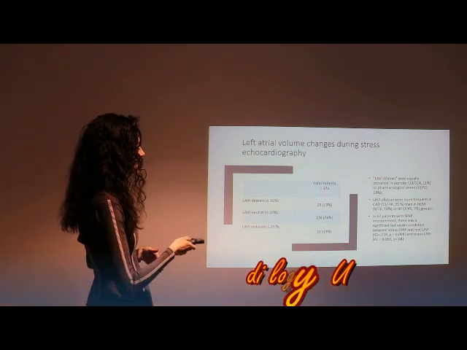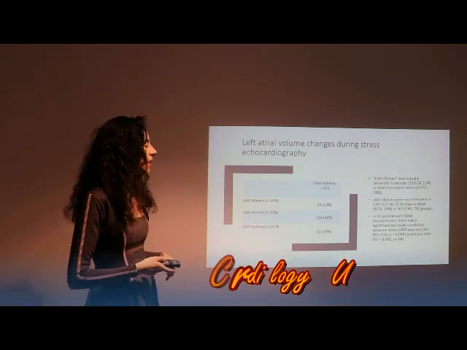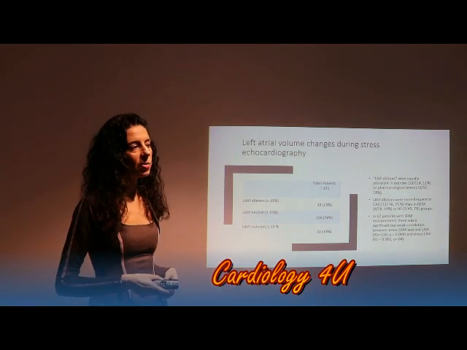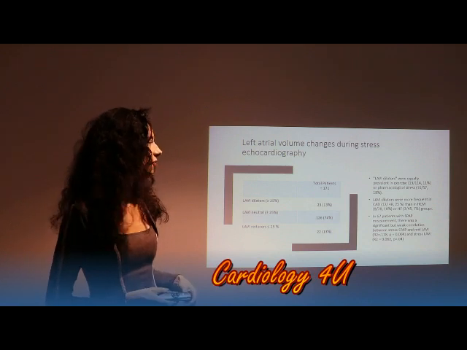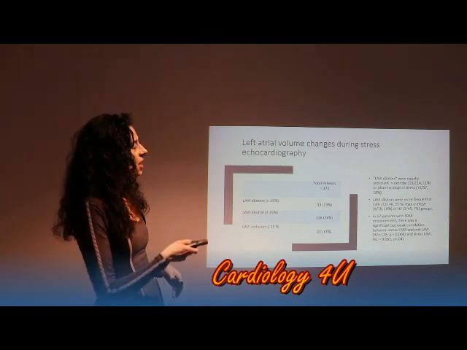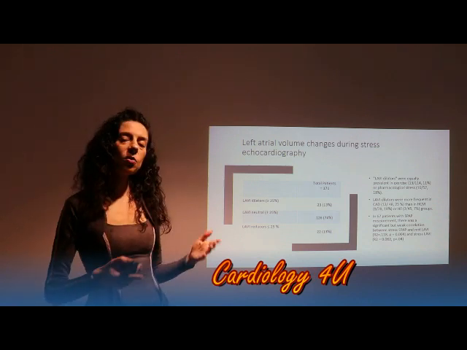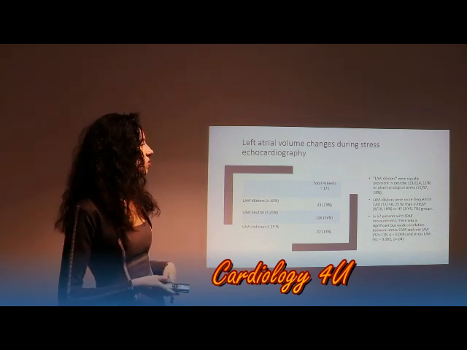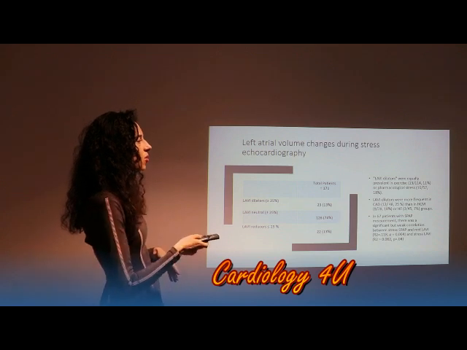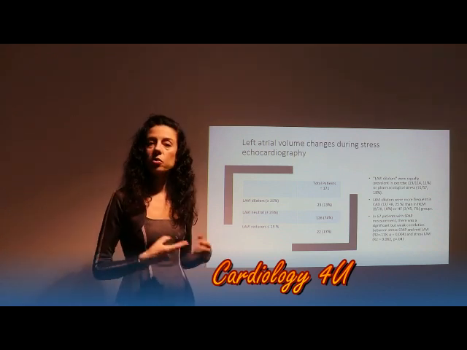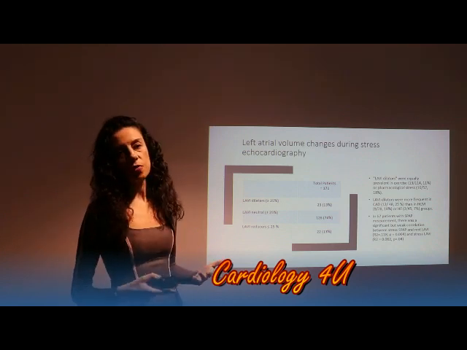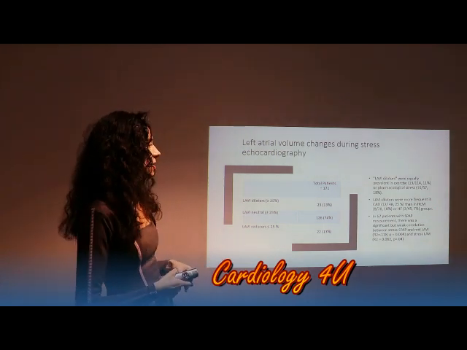Another 13% were LAVI reducers, reducing their LAVI volume by more than 25%. So these LAVI dilators were equally present in exercise or pharmacological stress, but they were more frequent in patients with coronary artery disease compared to heart failure or hypertrophic cardiomyopathy.